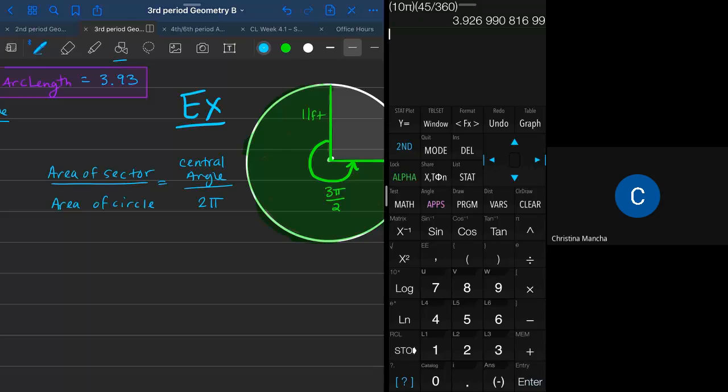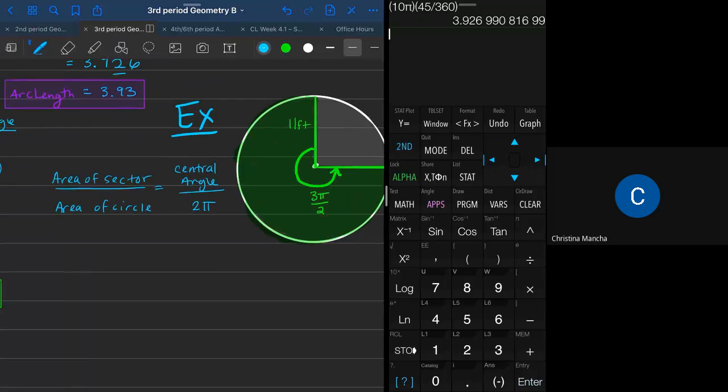And the reason why we're doing that is because we have radians in our measurement.